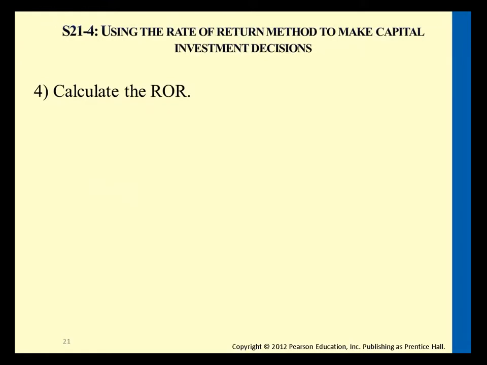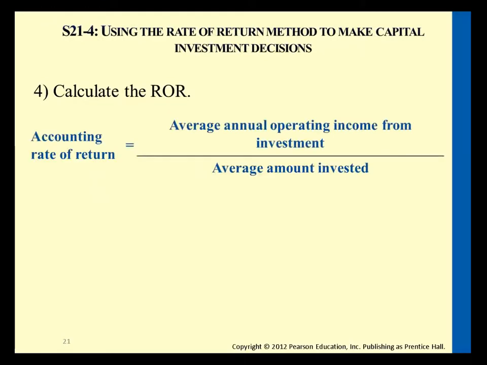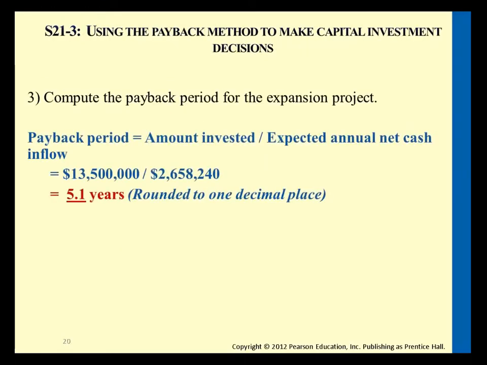So the last one is our rate of return. Rate of return is what I want you to calculate. That's the one where we're going to use the normal formula. Payback period is whatever you had to pay up front, and whatever that expected annual net cash inflow.